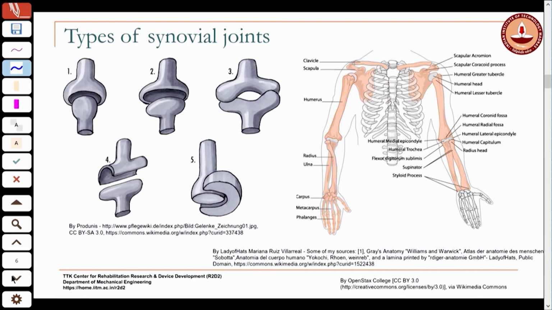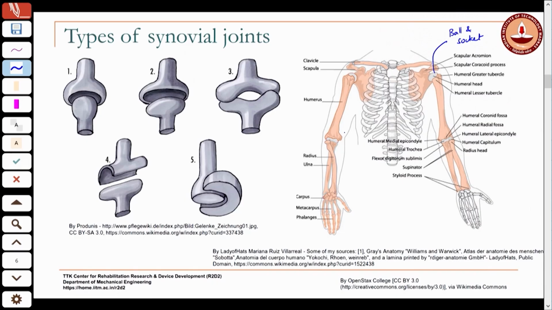Here you have the ball and socket at the shoulder. If you look at the upper limb, you have the ball and socket at the shoulder. Then your elbow is predominantly a hinge joint.